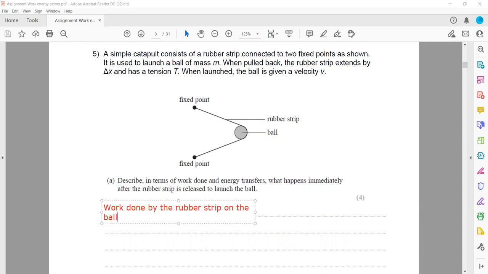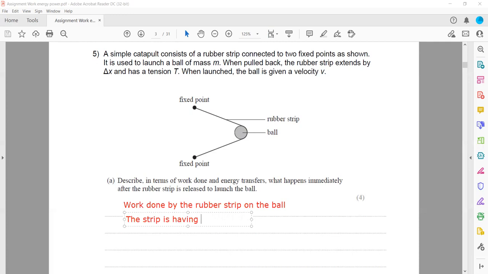And which form of energy is the rubber strip having? Because it deforms, changing length, shape and size, the strip is having elastic strain energy.